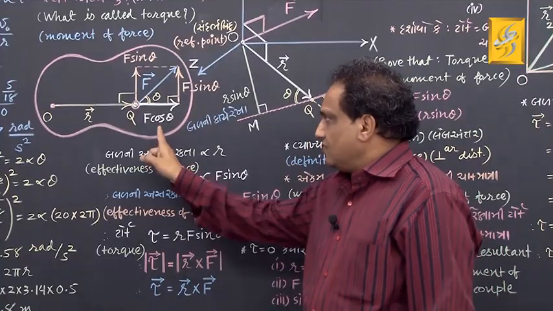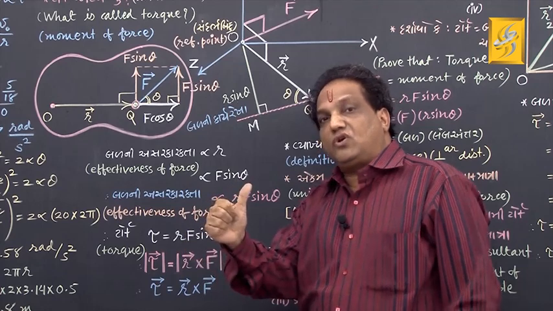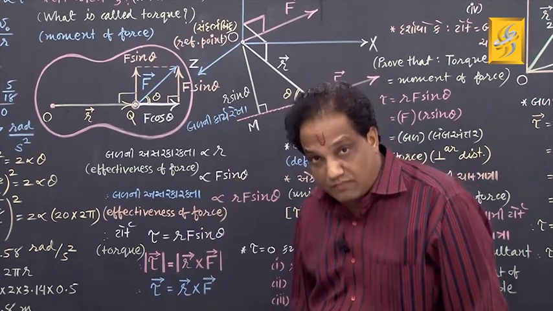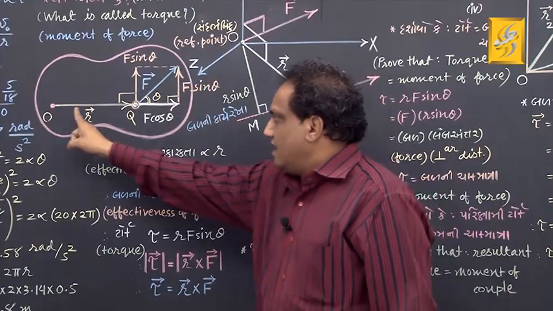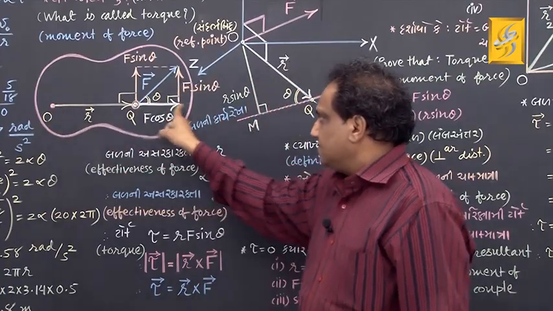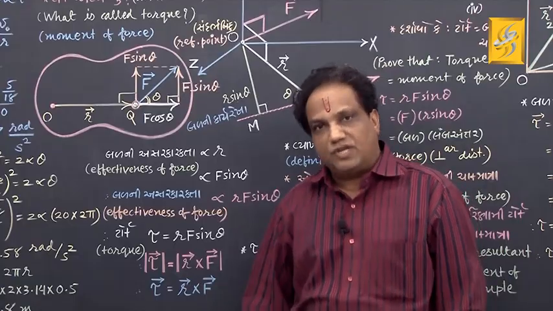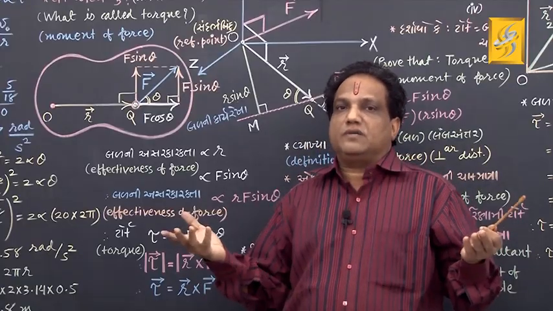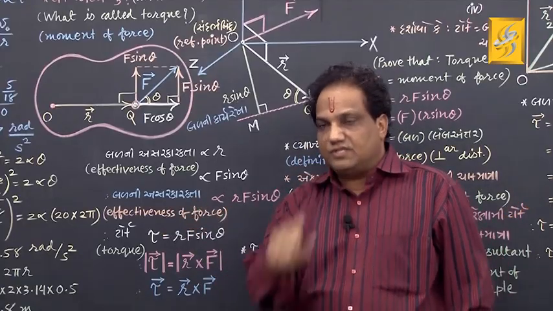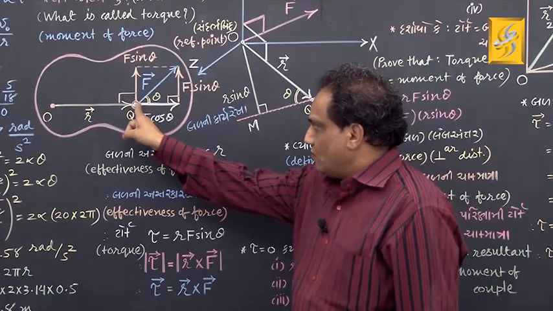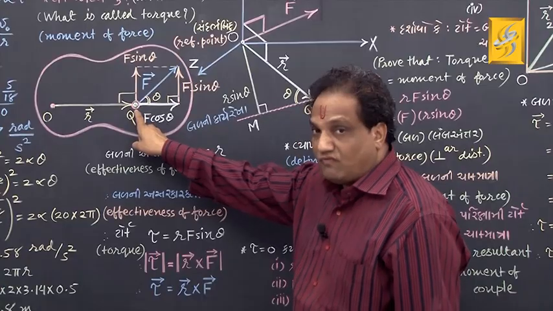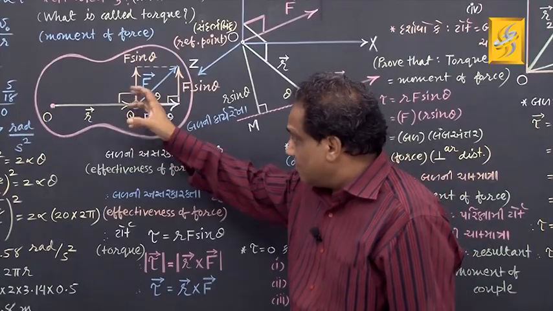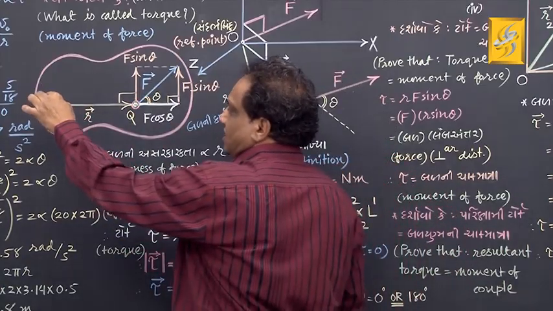I say this component is not at all responsible for rotational motion because it is exerted parallel to vector r. It cannot produce any rotational motion. Then you may ask why? See the reason. Actually this force wants to displace this particle away from this axis of rotation.